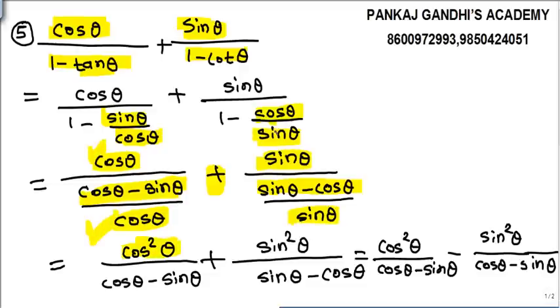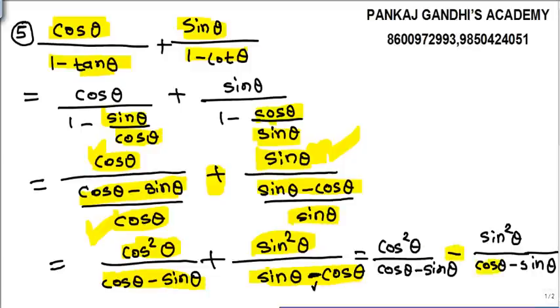Now this sin theta will go in the numerator, it will become sin square theta, and the denominators will be cos theta minus sin theta and sin theta minus cos theta. Now see, the denominators are nearly the same, only this minus sign is there. So we will take out the minus sign common from this denominator.